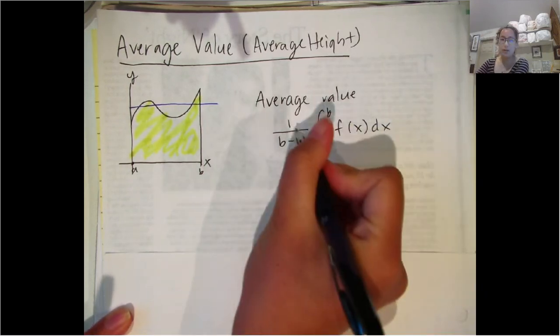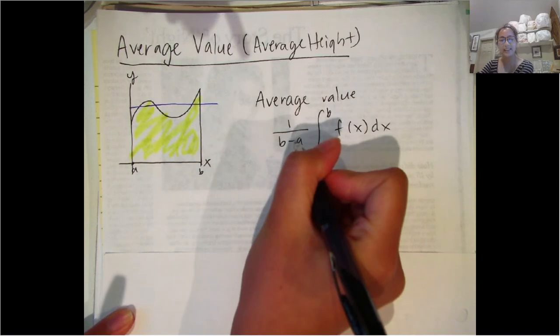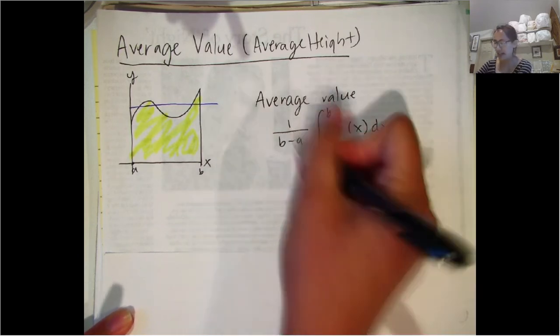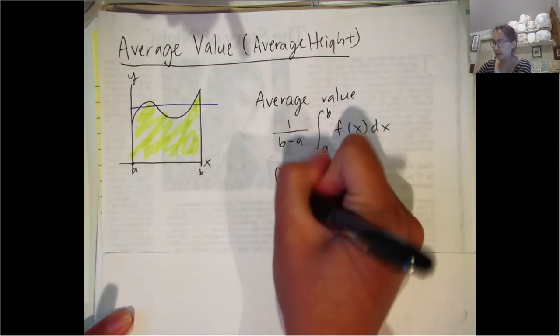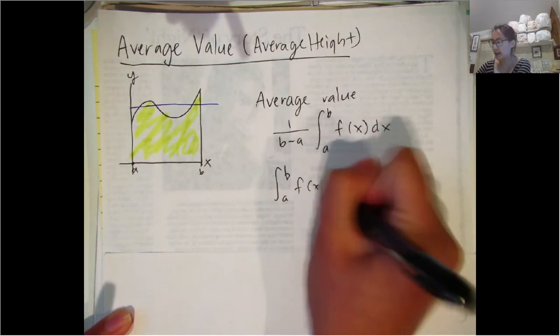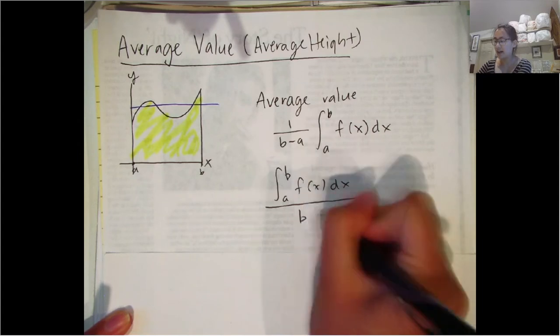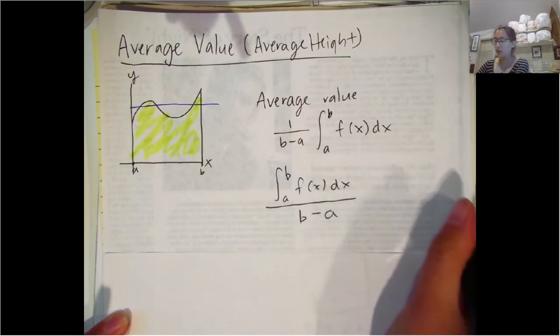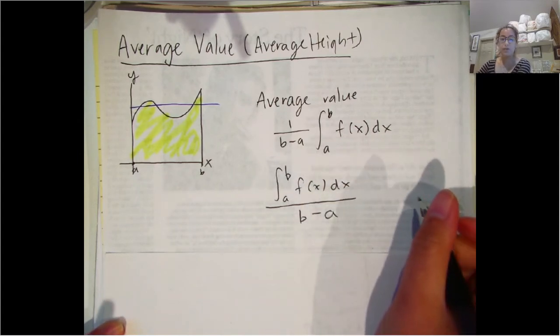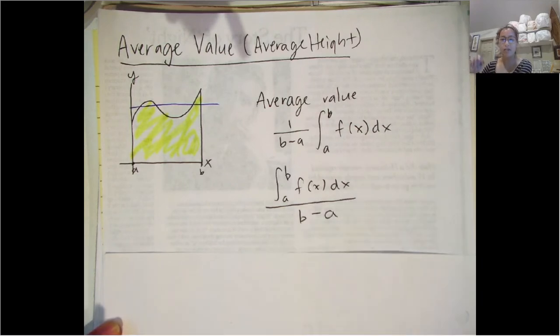And if you think about multiplying by 1 over b minus a, that's the same as dividing by b minus a. And so oftentimes, this is going to be written as the integral from a to b of f of x dx divided by b minus a. And so oftentimes, this is referred to as integral over interval.